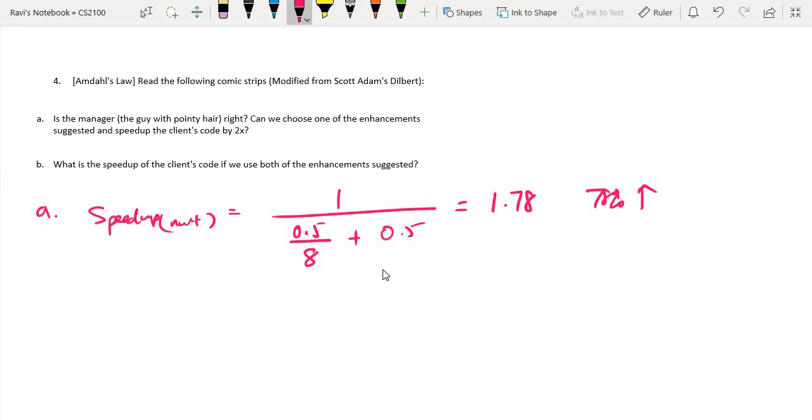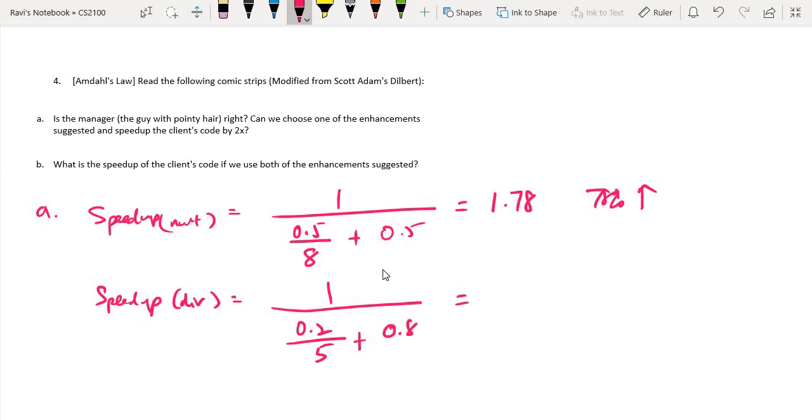Now if I look at the speedup of the division, division takes up 20% of the time, and its performance is increased by 5 times, and the remaining after 20% is 80%, so that gives me an improvement of 19%.